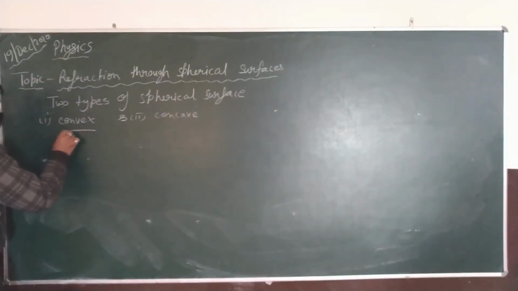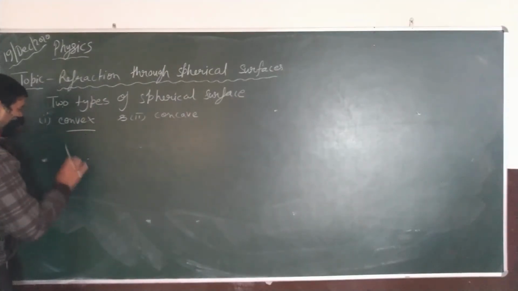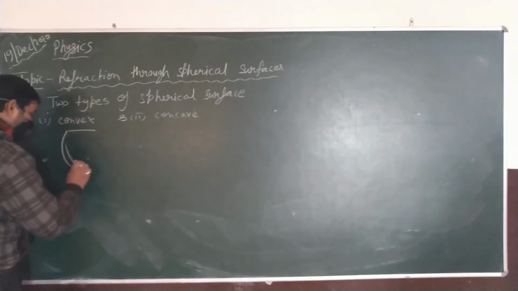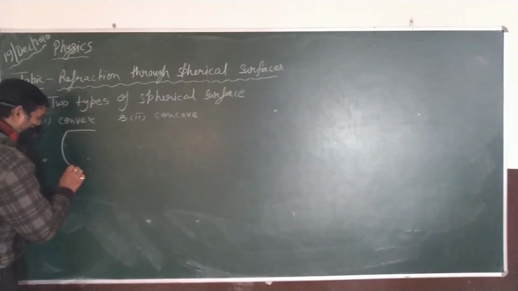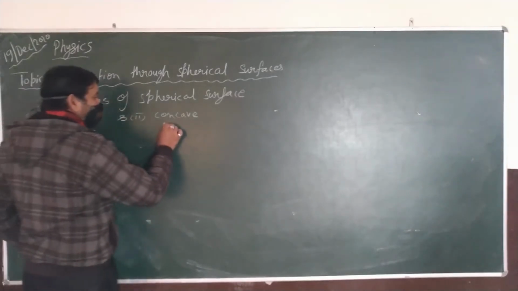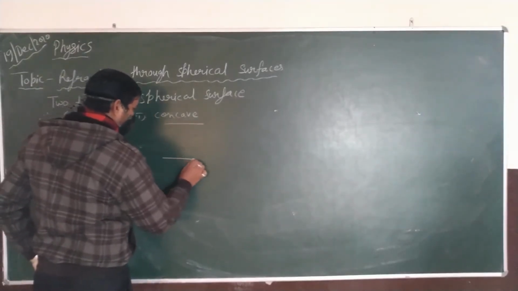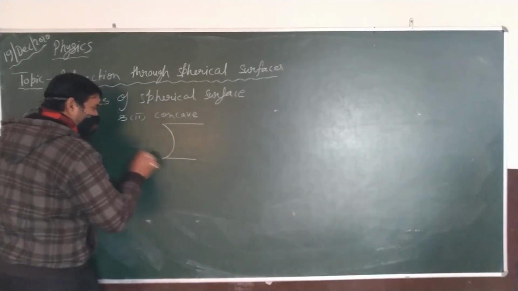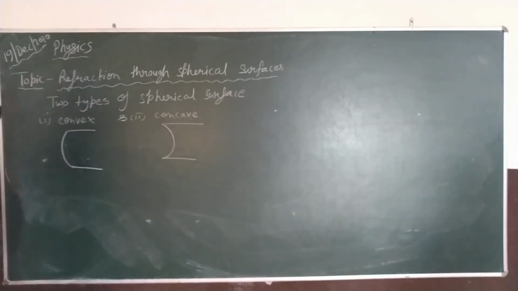This is a convex spherical surface and this is a concave spherical surface. Here students, these surfaces divide the medium into two parts.